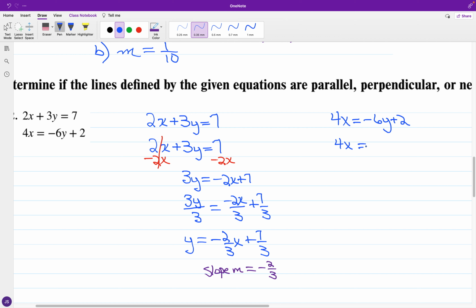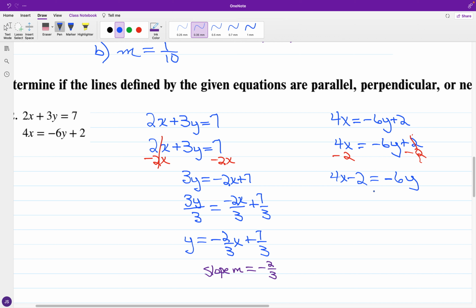So I can start out getting the y term by itself. I can just move the 2 over by subtracting. So right now I've got 4x minus 2 is equal to negative 6y.